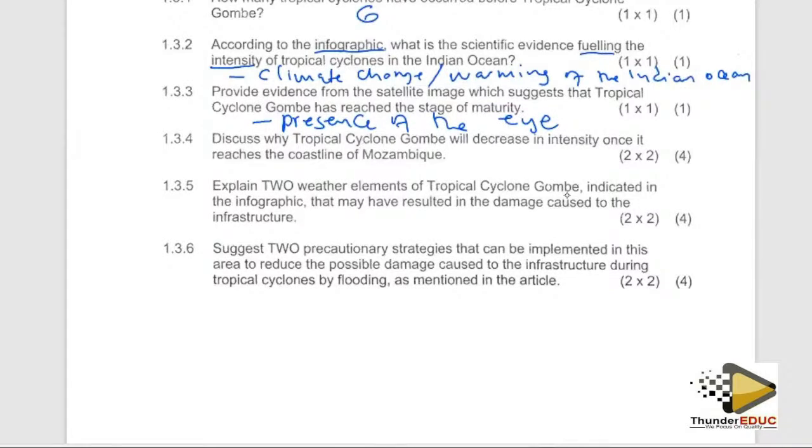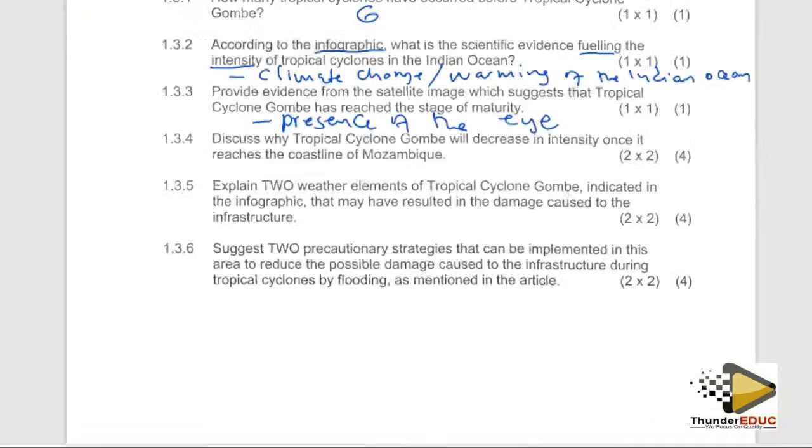Number 4, discuss why tropical cyclone Gombe will decrease in intensity once it reaches the coastline of Mozambique. Check again, 1.3.4.